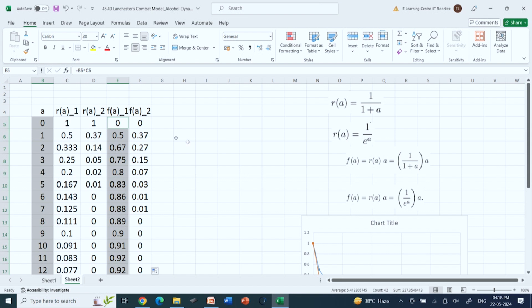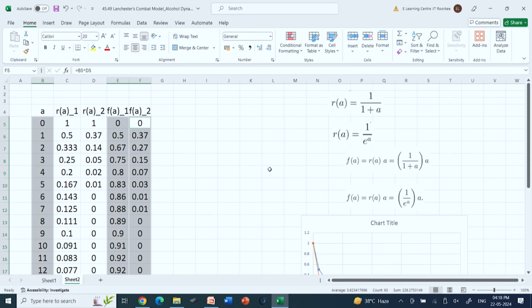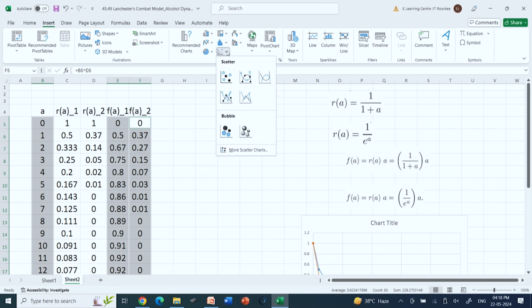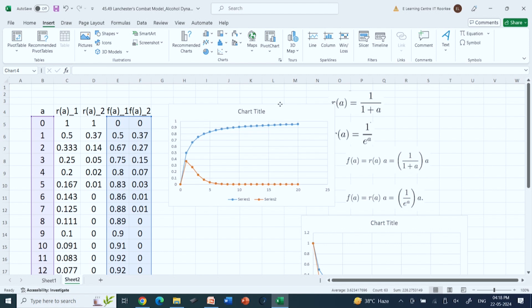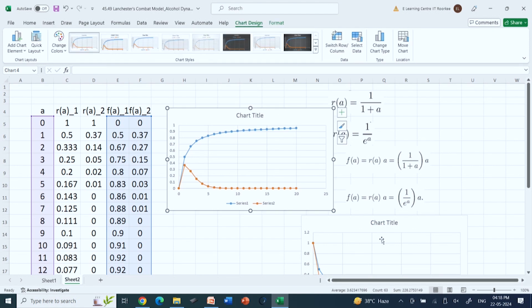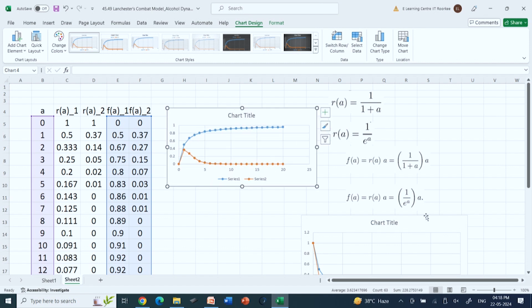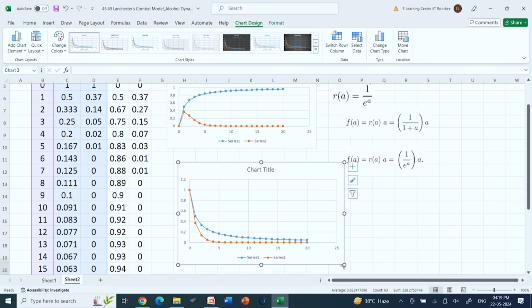Similarly, you press the control, highlight this cell, press shift and down cursor key. So, both of them are highlighted. Go to insert, go to this chart and this curve. So, what conclusion do we get from these two graphs?